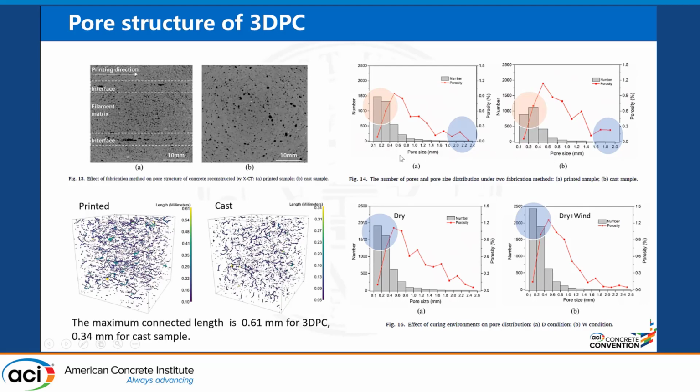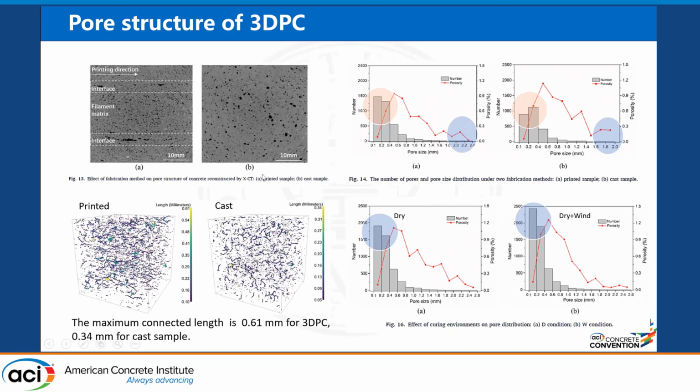Here you can see for 3D printed concrete, we've got many more pores in the range between 0.1 to 0.4 millimeter. But for cast concrete, the number is much lower. And for printed concrete, we've also got some large pores, like here 2.2 to 2.4 millimeter.